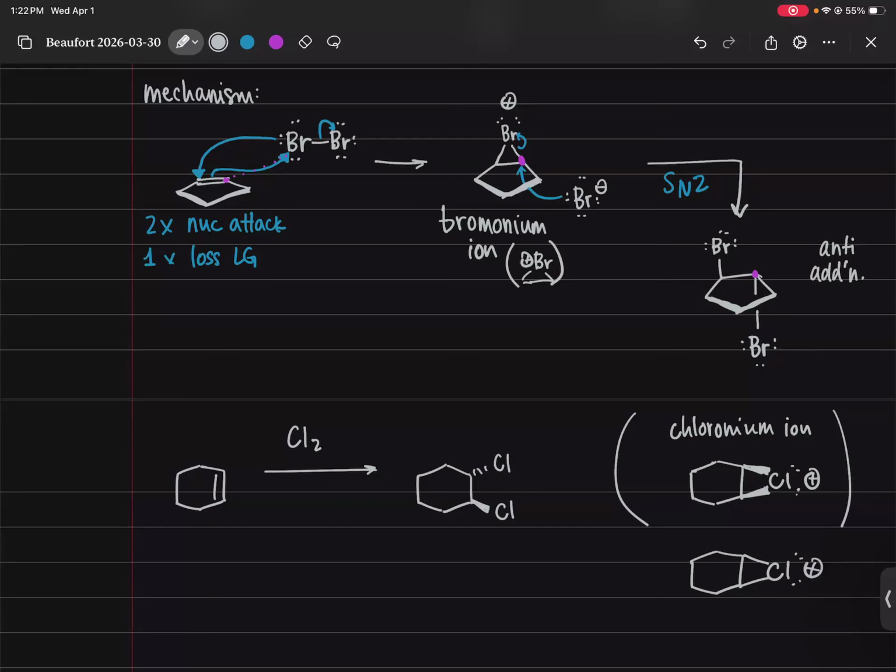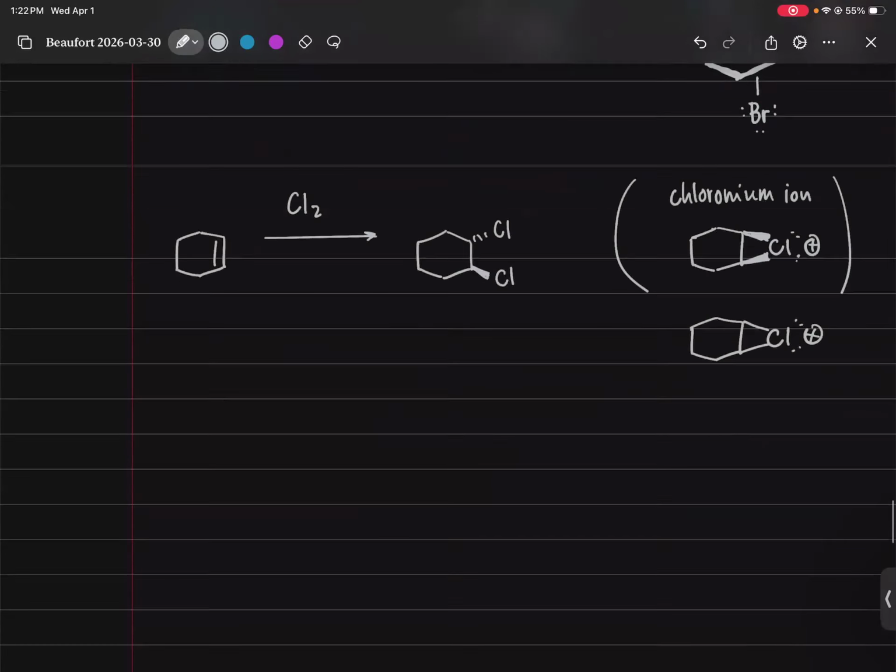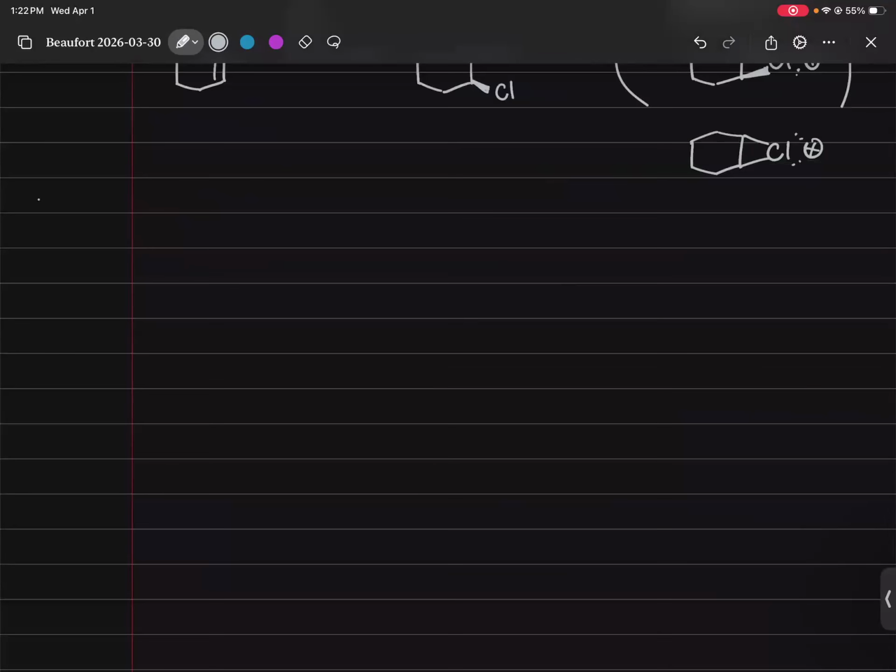Okay, very similar to this mechanism, and when I say very similar, I mean basically identical, is the formation of a halohydrin.